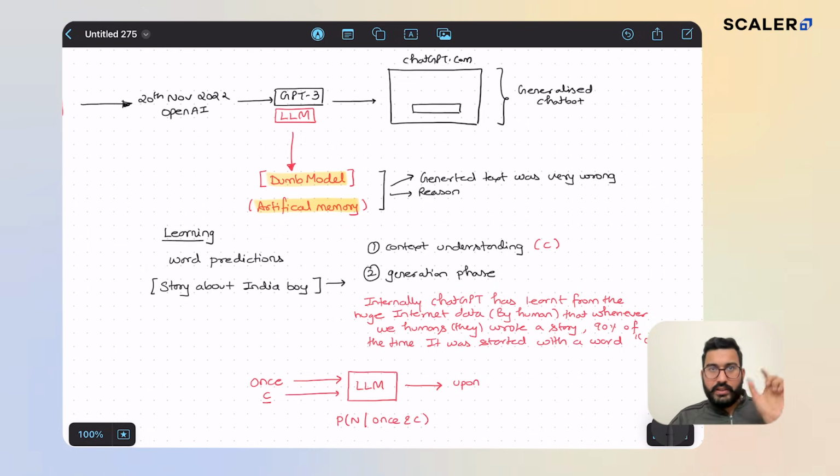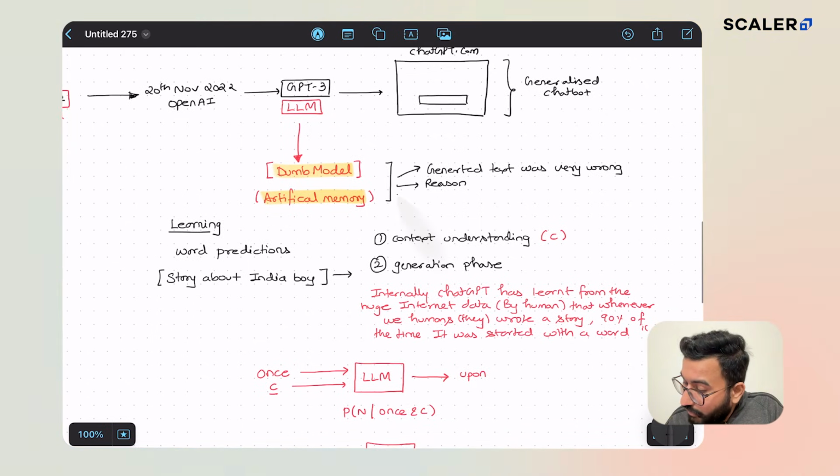You will first think, okay, this is my task, I have to prepare a cup of coffee. Then you will think what ingredients I need. So you will start planning. Then you will start executing. But ChatGPT initially was not good at reasoning. That is the reason ChatGPT was failing to answer many mathematical questions.